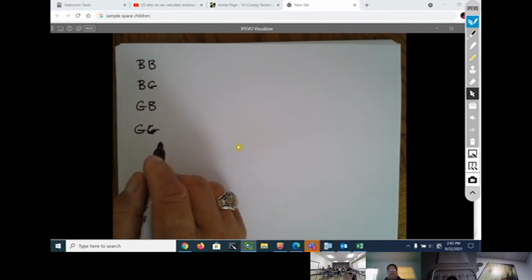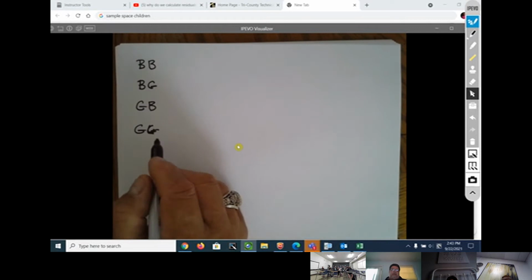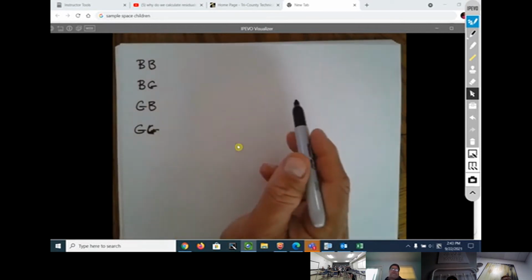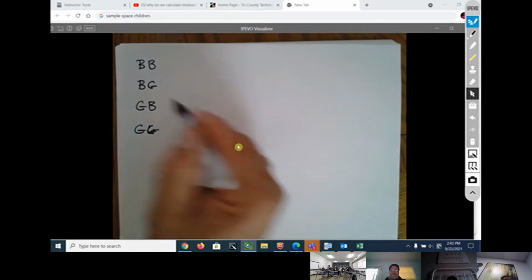Now, what I tell students to do, and only 4 or 5 of y'all are going to do this, you get an index card and put the 3 sample spaces for children on the back. This is your first one.